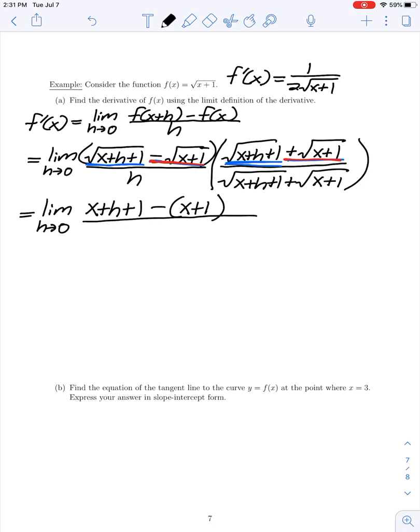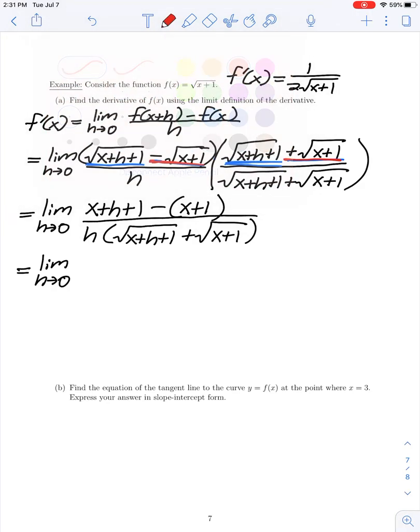And then we're dividing by, in the denominator, we had a factor of h, which I was then multiplying by the square root of x plus h plus 1 plus the square root of x plus 1. So this gives us the limit as h approaches 0.